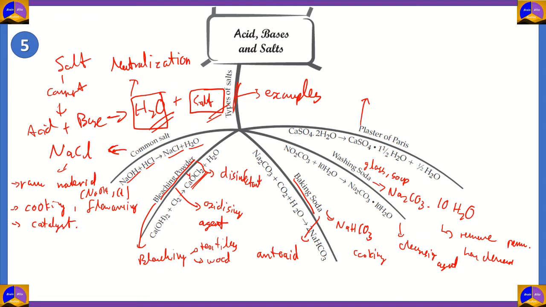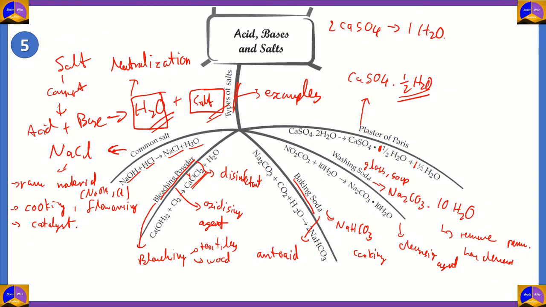Plaster of Paris is calcium sulfate hemihydrate. So it's basically CaSO4 times half H2O. Now you might wonder how it can be half H2O. That is because 2 CaSO4 is binding to 1 H2O molecule. So calcium sulfate hemihydrate, that is plaster of Paris, is basically calcium sulfate which does not have adequate amount of water.